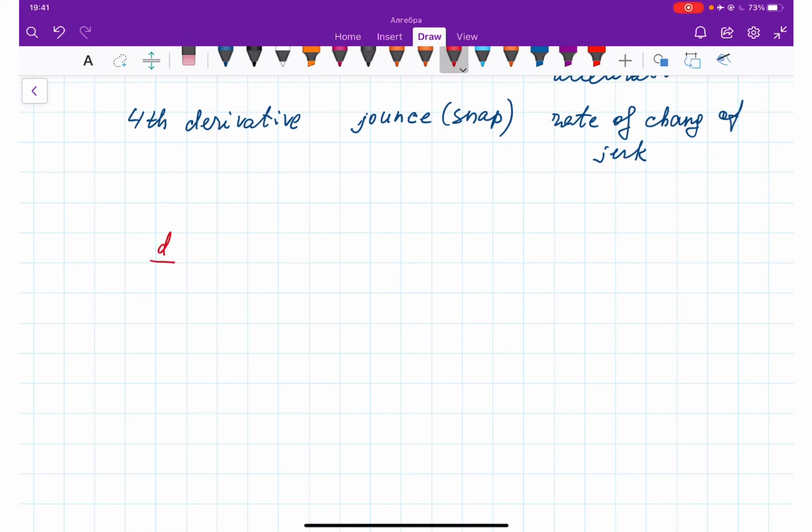D y by dx, so derivative of y by x. This is the first notation. Or we can write dy by dx. Or if it's a function, we can put f prime of x, this prime meaning derivative. Or if it's only y, we can put y prime.